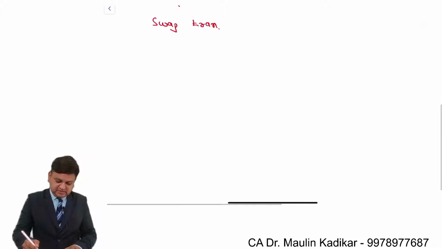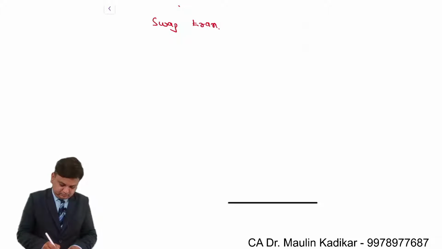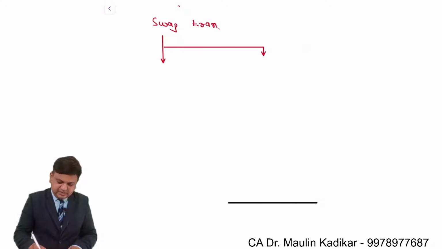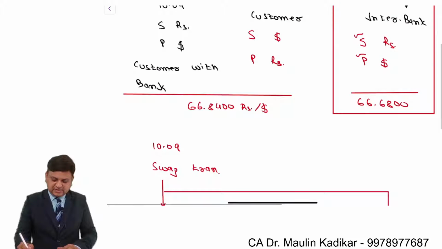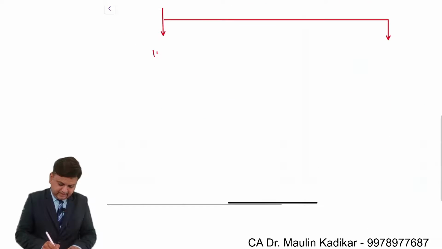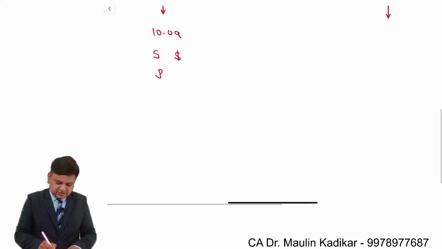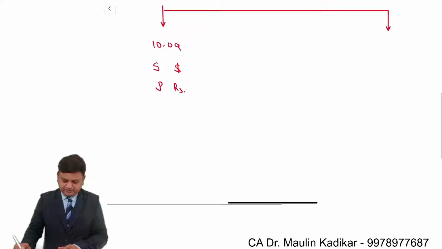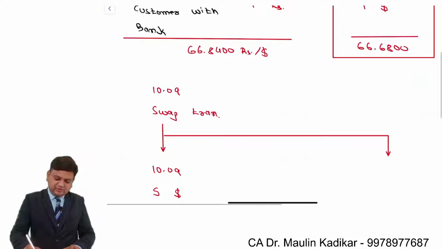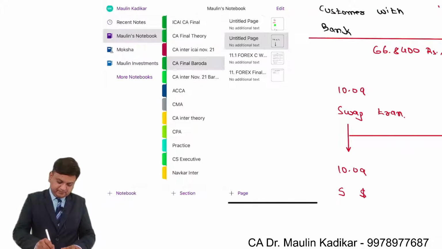So over here, on 10th of September, you are required to cancel it: sell of dollar and purchase of rupees. Whatever amount of dollar I had bought, that I will sell.